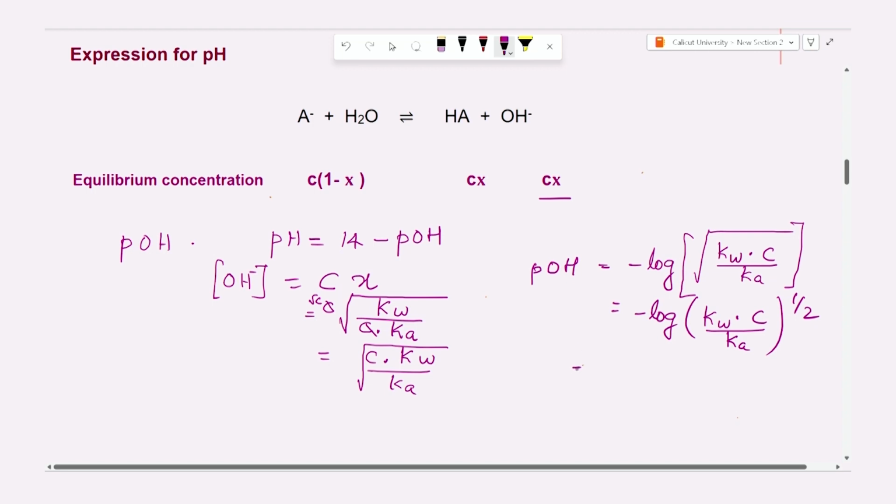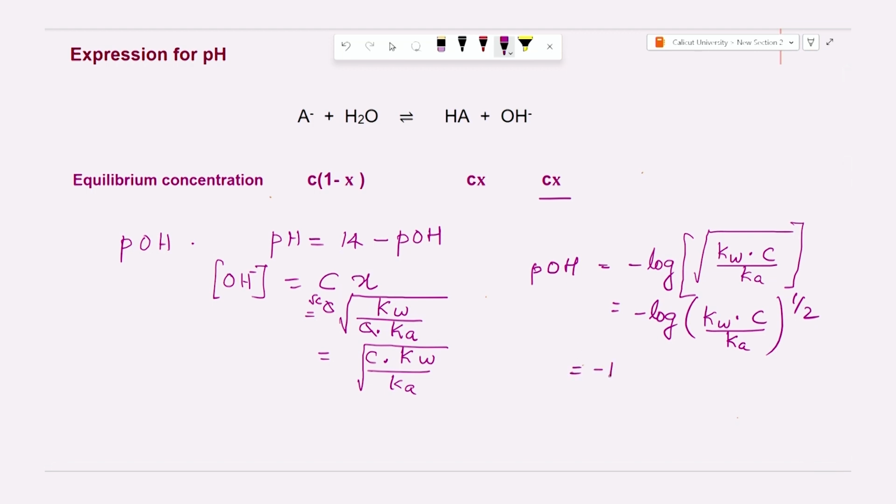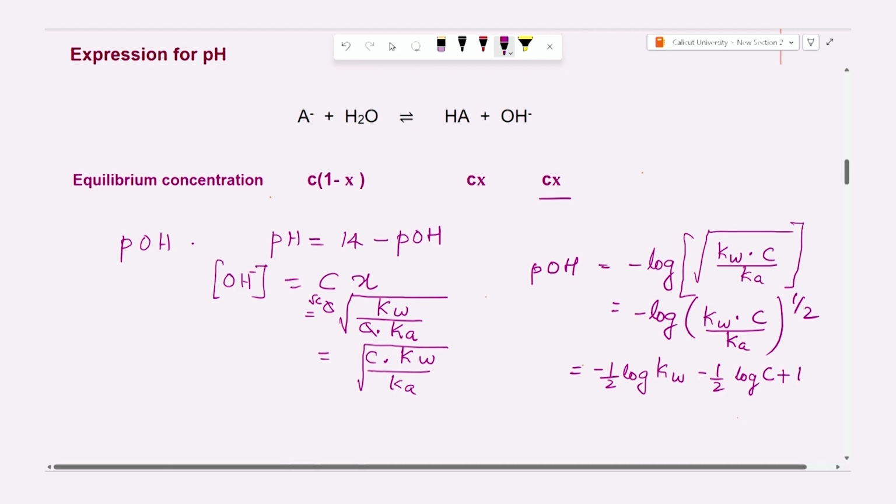So, I can expand it as minus of half log Kw, minus of half log C, and this comes in the denominator, so that becomes minus of minus, plus half log Ka.